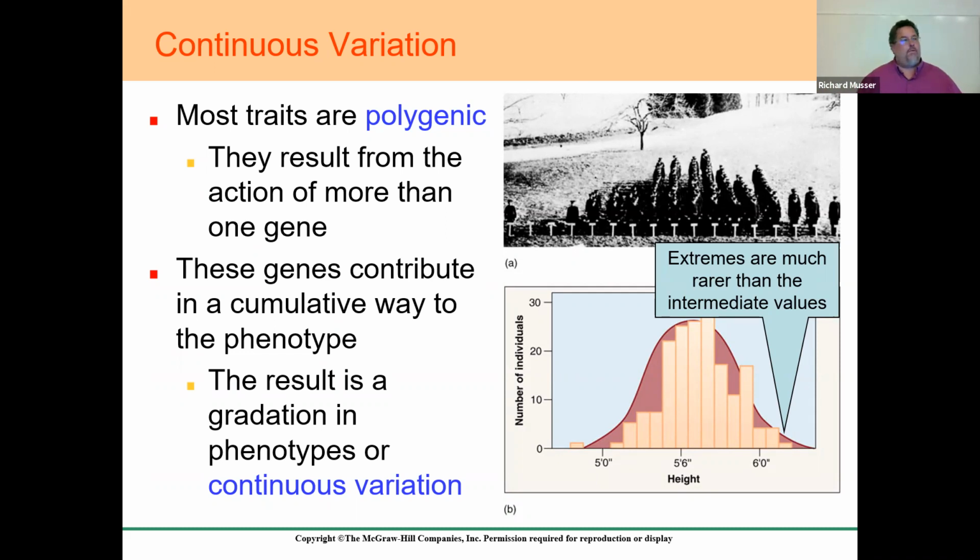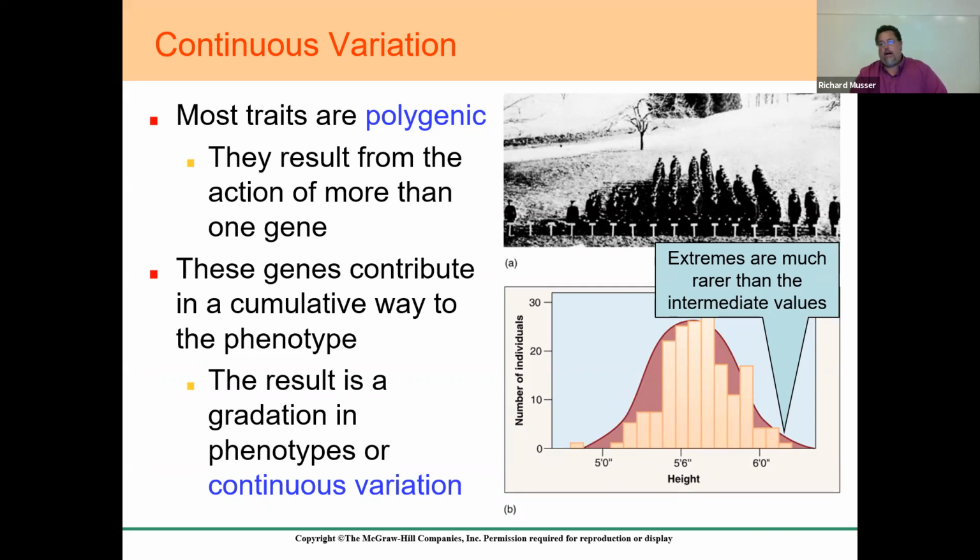And that's because more than one gene is involved. It's multiple genes that are involved. And so this is where we can have what you call continuous variation. Not everyone is either tall or short, but there's a variety of different heights. And again, this is due to multiple genes contributing to the overall phenotypic trait.